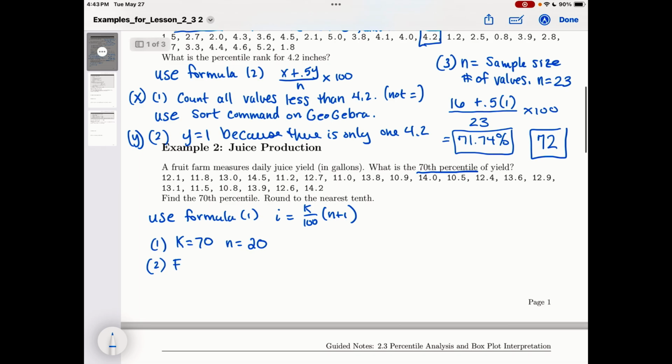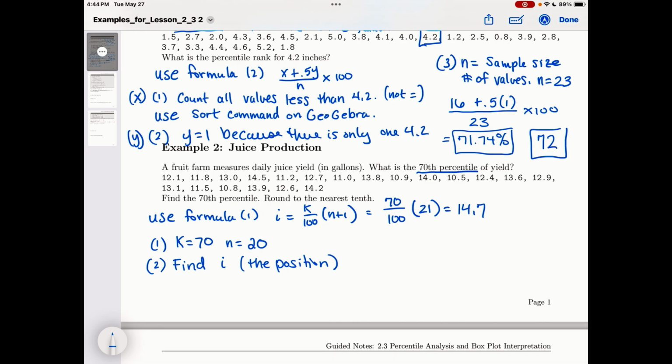The position is not going to be the final answer. So step 2 is find I, which is the position in the data set. Okay, so we're going to put in 70 over 100 times 20 plus 1, so that's times 21. That's going to give us 14.7.